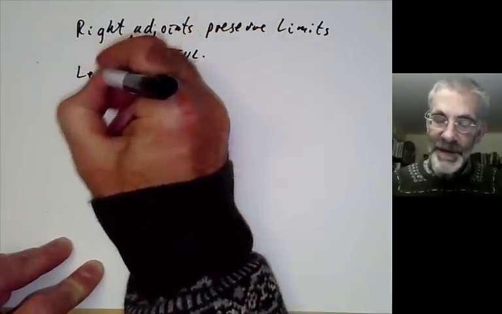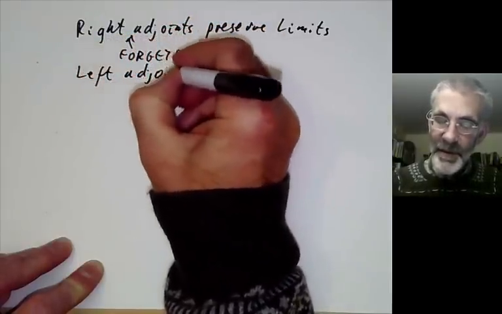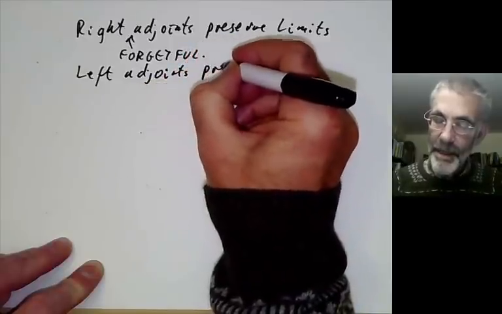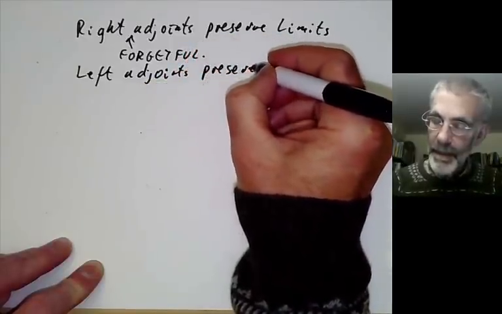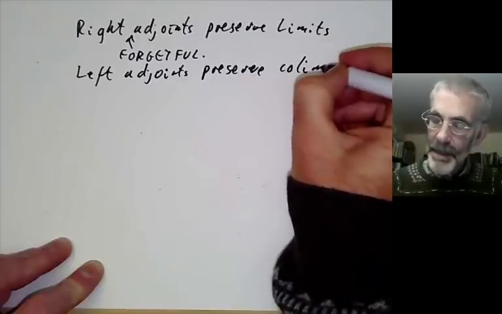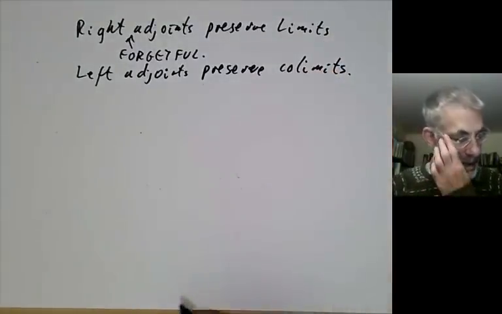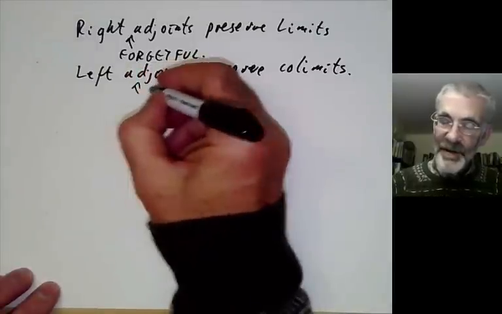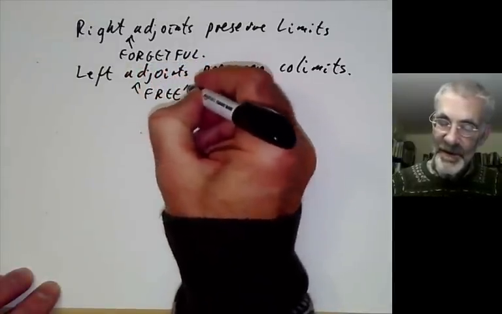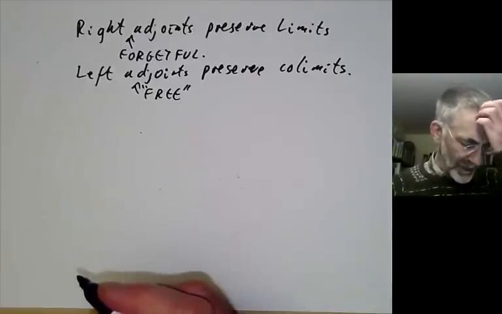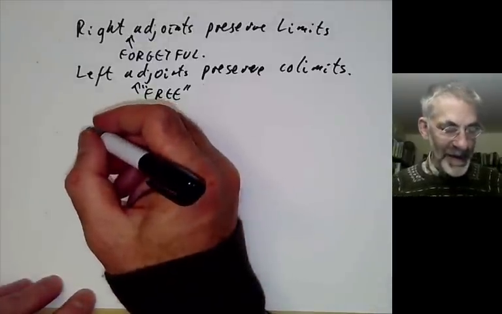And left adjoints, as you can probably guess, preserve colimits. And left adjoints are often sort of free functors, although not always. So let's just see an example of this in action.